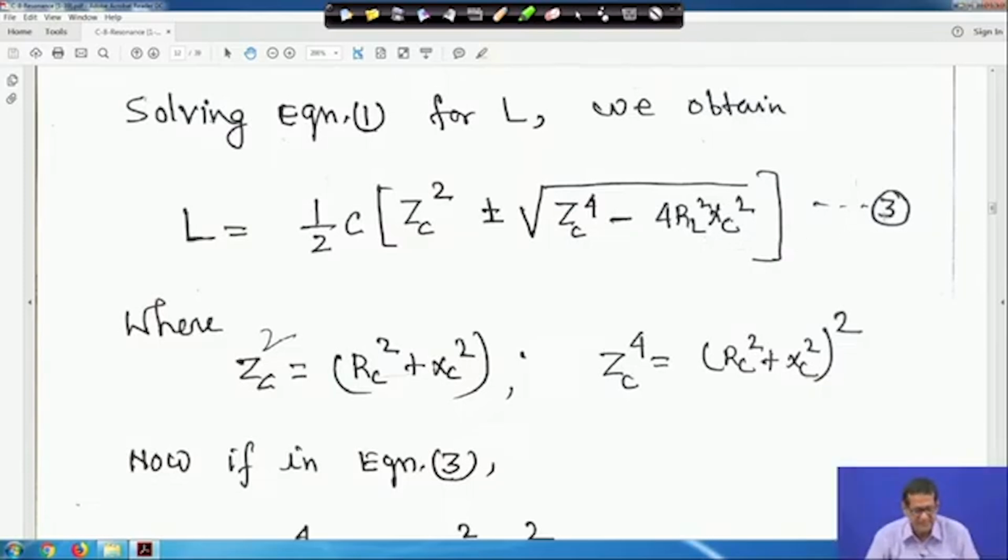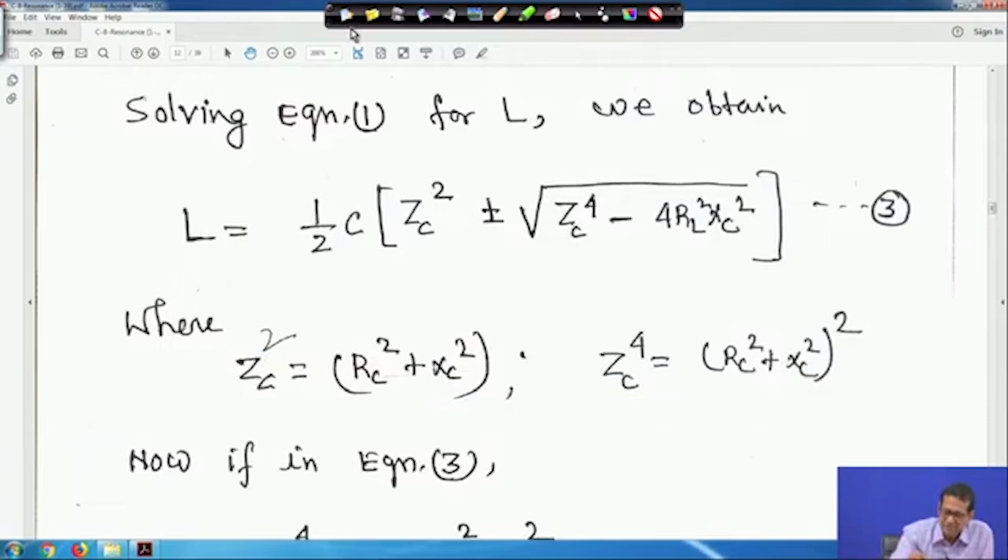This is equation 3, where ZC square is equal to RC square plus XC square. Therefore, ZC to the power 4 is equal to RC square plus XC square, whole square. So from equation 1, please solve this for L.